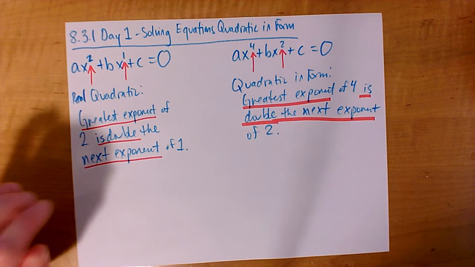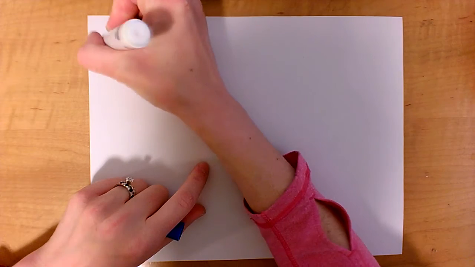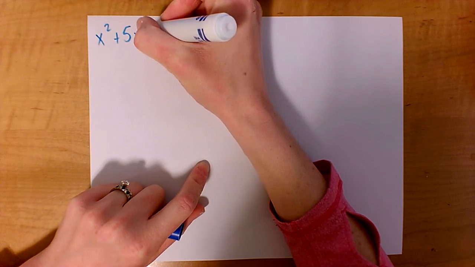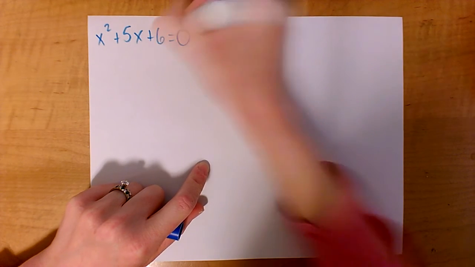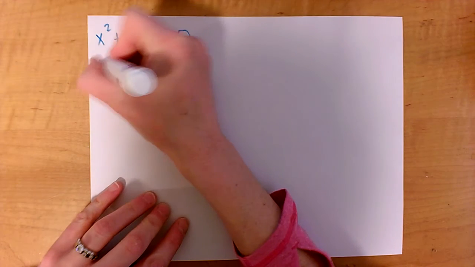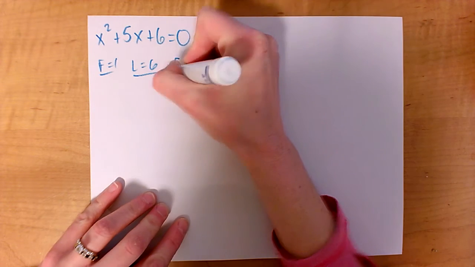Now, you have learned how to solve some quadratic equations. If you have something like x squared plus 5x plus 6 is 0, and you wanted to solve this, you would factor this with first and last.